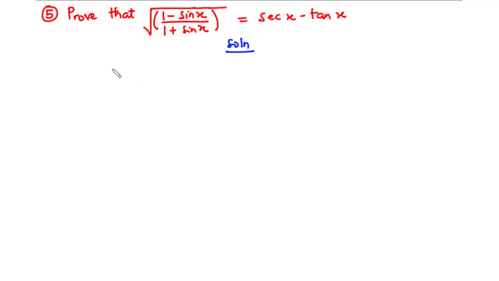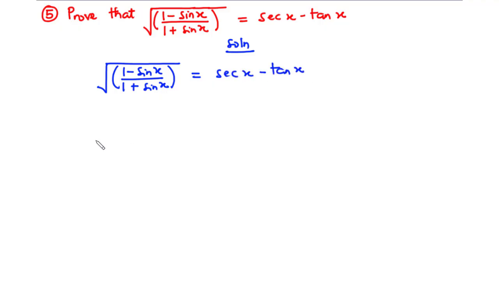So on the left hand side, we have the expression the square root of 1 minus sin x over 1 plus sin x, and that is equal to sec x minus tan x. Now let's focus on the expression on the left hand side.